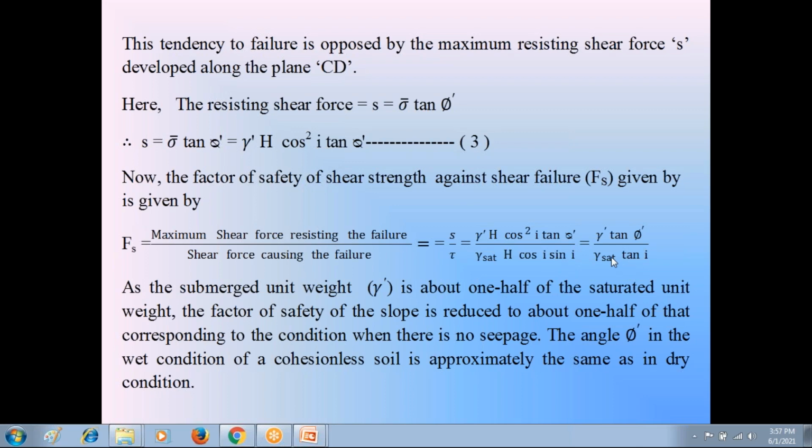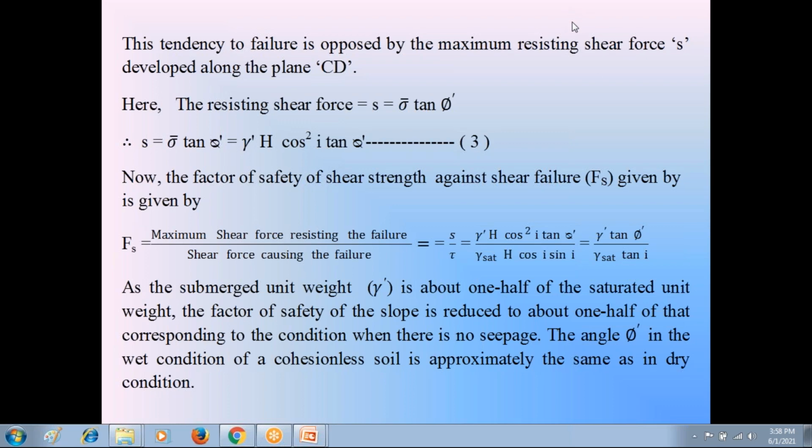So in the seepage flow condition, the factor of safety of shear strength Fs is equal to gamma dash tan phi dash divided by gamma saturation into tan i. That is the factor of safety of shear strength in the seepage flow condition.